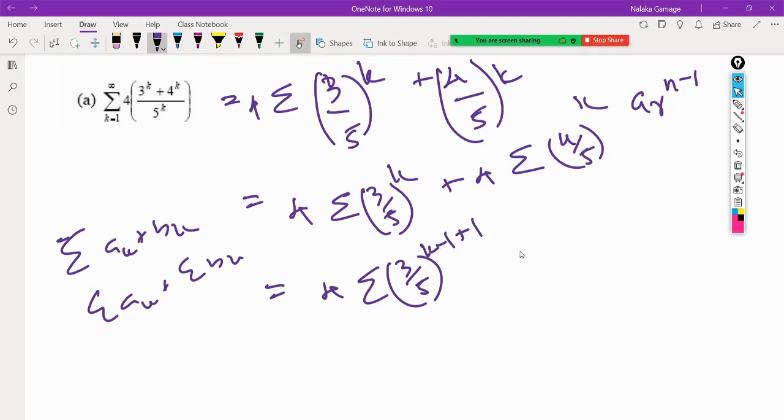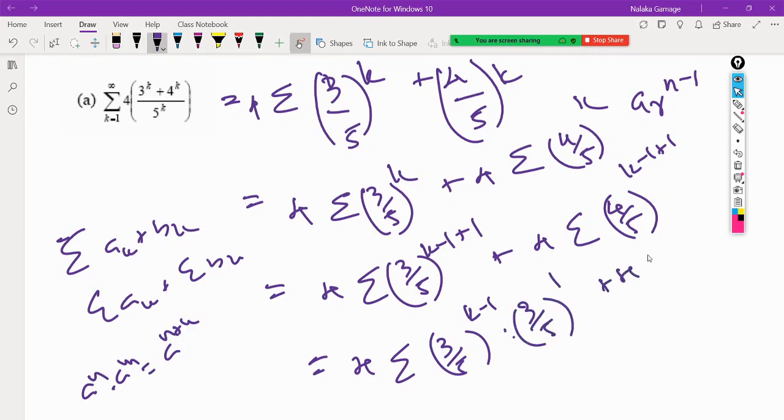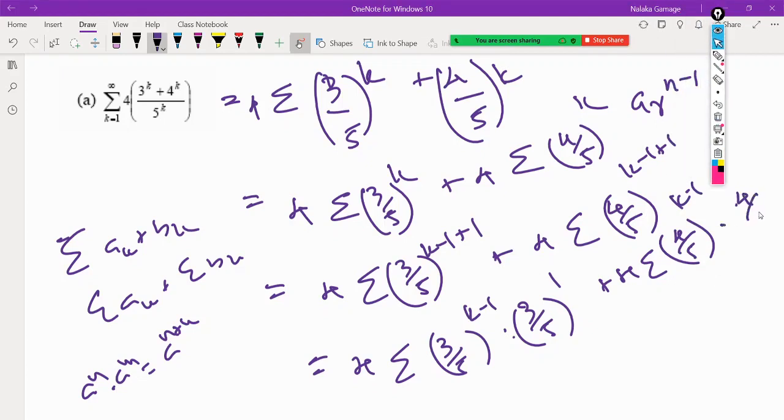What I need is k minus 1, plus 4 times sigma (4/5), same thing, k minus 1 plus 1. So this is 4 times sigma (3/5)^(k-1) into (3/5)^1. Since a to the power n plus m can be written as a to the power n into a to the power m. Plus 4 times sigma (4/5)^(k-1) into 4/5.